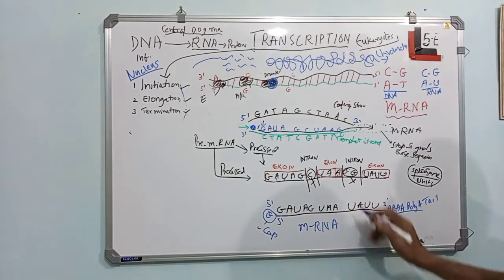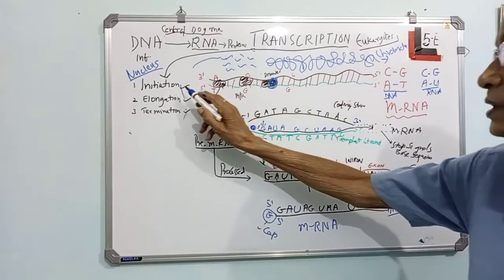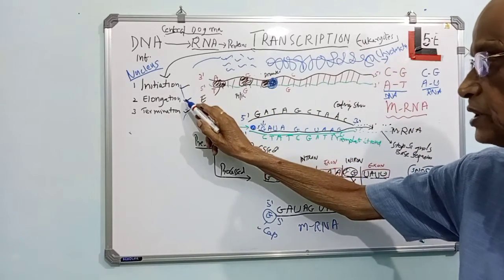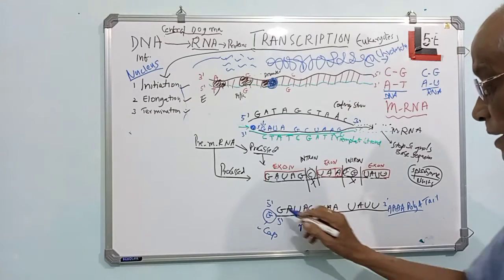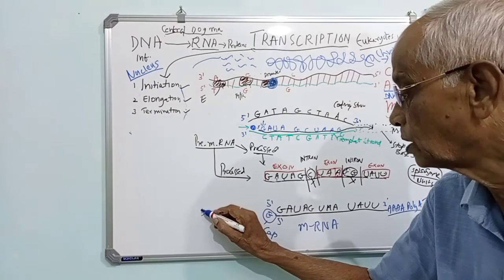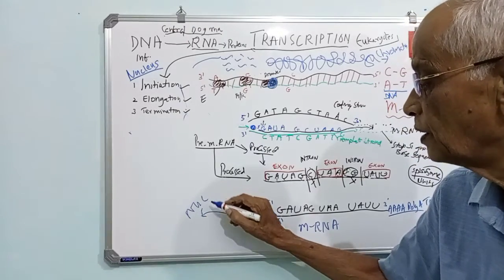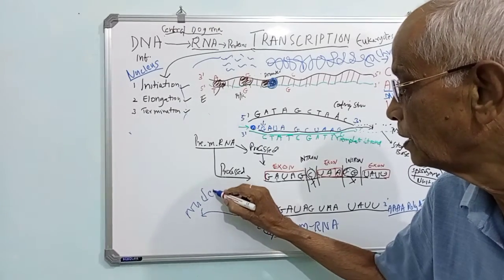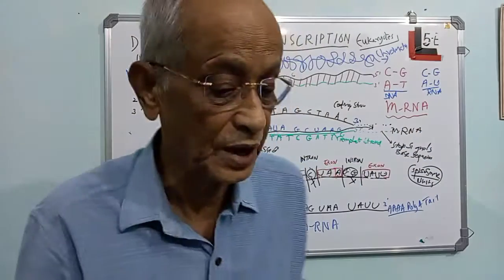And so we have now discussed the transcription that takes place in 3 stages: initiation, elongation, and termination. And the final product will be mRNA, and that mRNA goes out of the nucleus and will go to the cytoplasm, the cytosol.